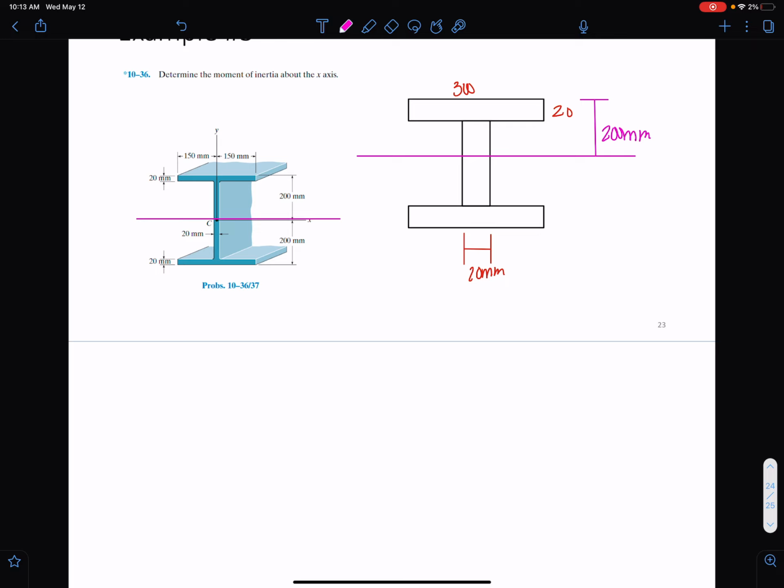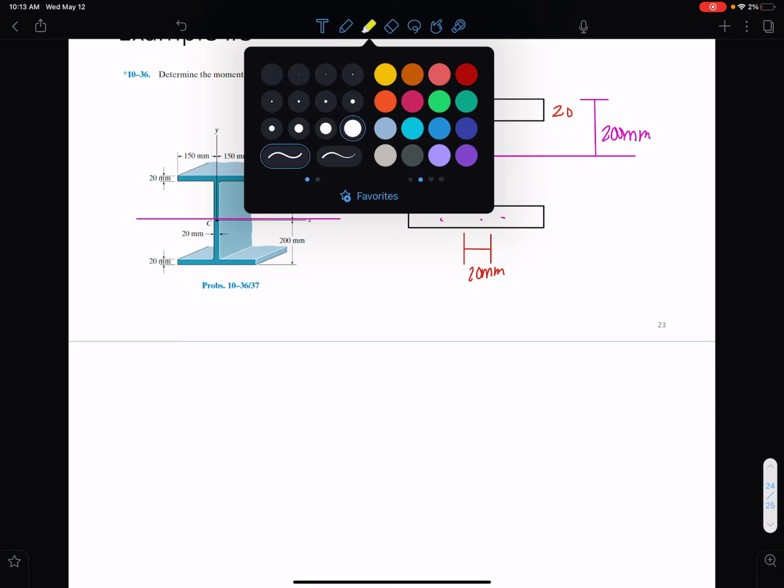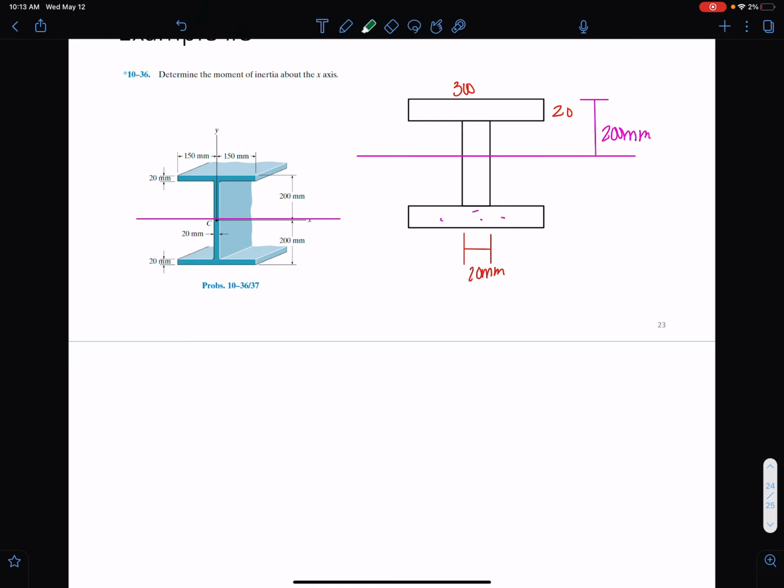Now, make sure that if you have a different area here up top than what you have at the bottom, you do have to calculate y bar. It would change, right? It would not be in the middle. Okay, make sure you can do that as well. All right, so let's go ahead and shade. We have area 1 here.